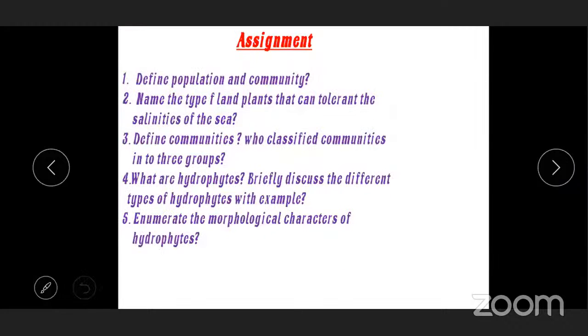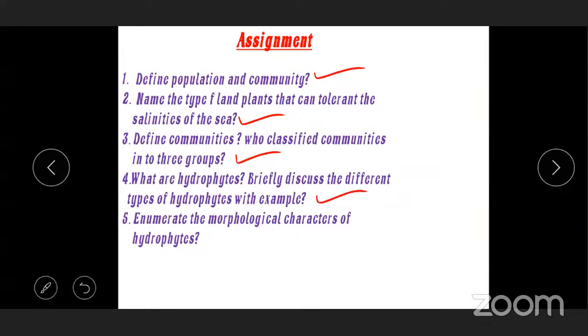Okay, students, all of you take the assignment from today's class. Define population and community. Name the type of land plants that can tolerate the salinities of the sea. Define communities. Who classified communities into 3 groups? What are hydrophytes?